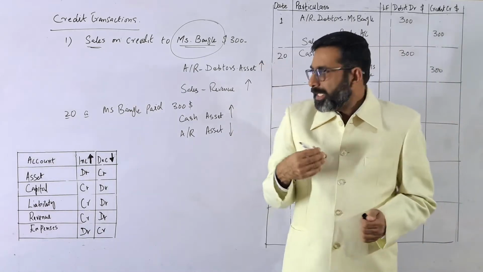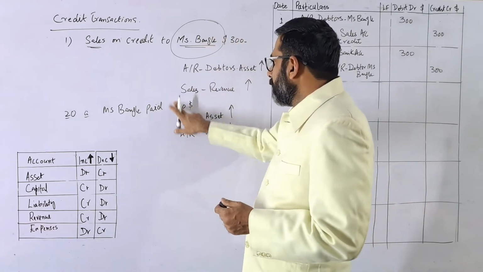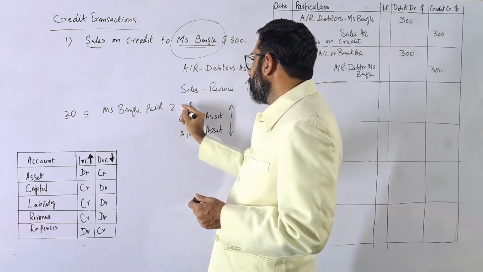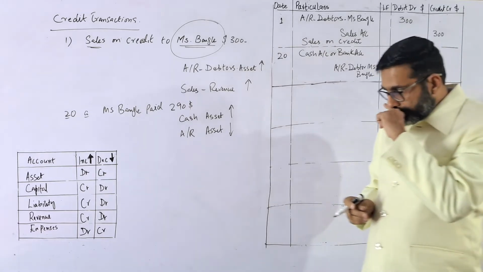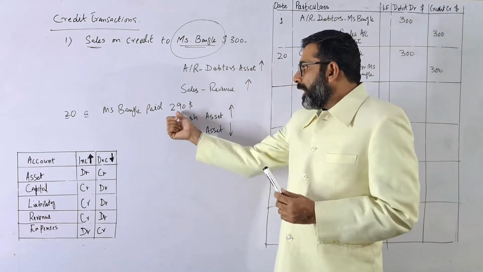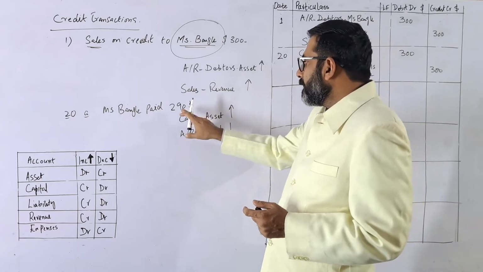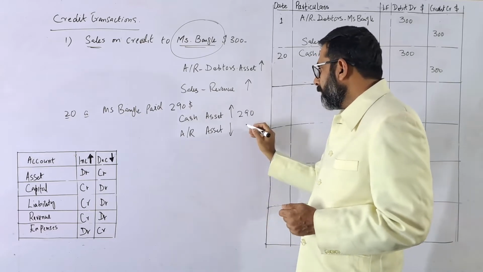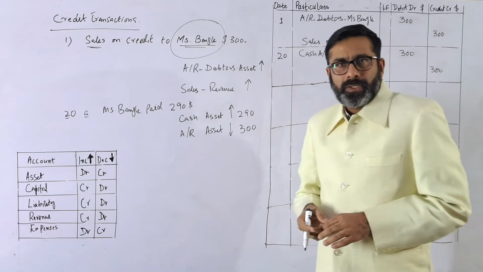Okay. Now the second option may be that, instead of 300, the person is paying just, let's say, $290. Why $290? When we are receiving $290, it means we have received cash of 290, but our receivable was 300. So where is that $10?